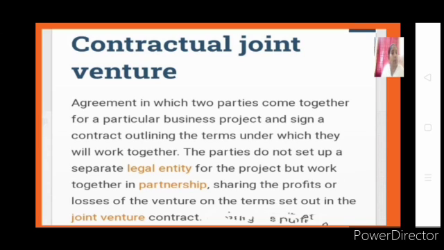Only to do a particular activity, we together do that by entering into a joint venture contract. For our project, for what we have agreed, we don't have any separate legal entity. Is that clear? Such joint ventures are called contractual joint ventures, in the sense that there is just a contract between A and B to do a particular project.